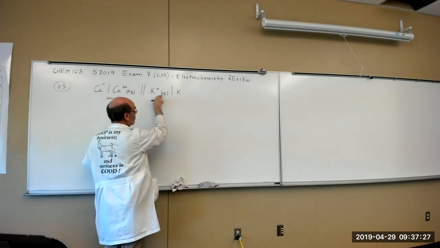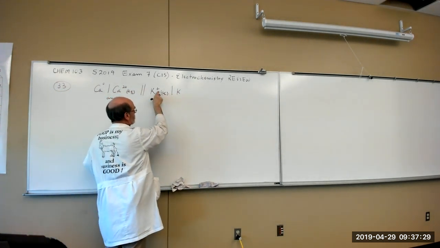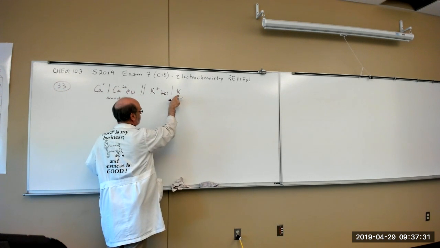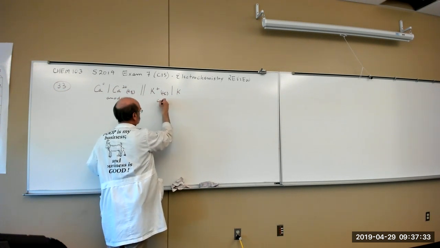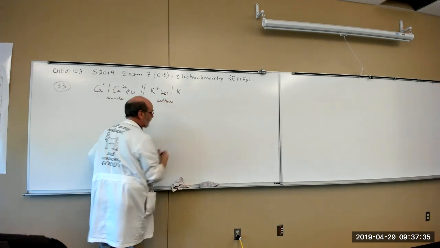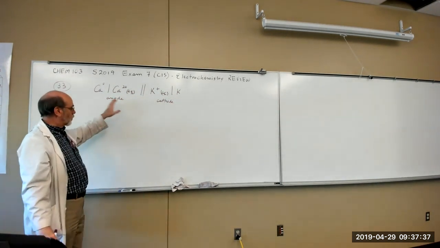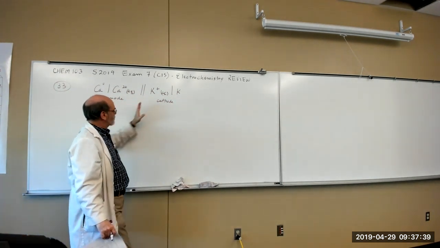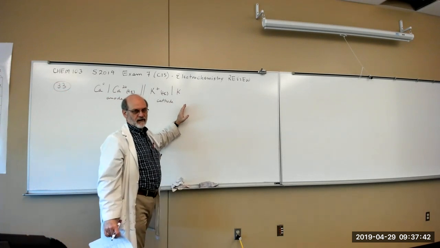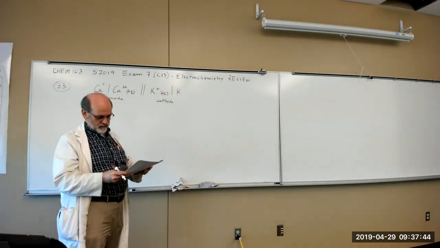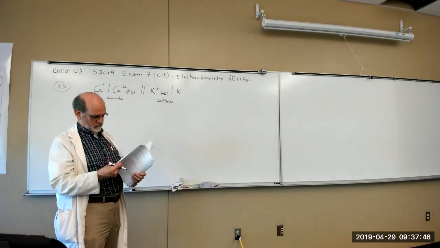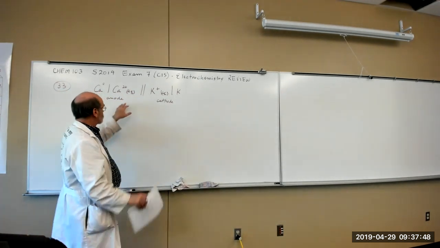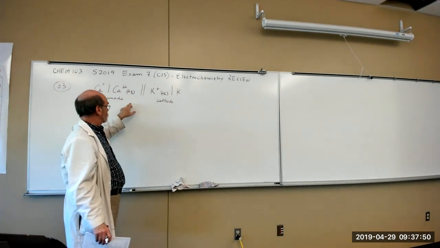Over this side, we're going from here to here. Reduction. We have to add electrons to here to get that. So this is the cathode. By convention, the shorthand notation puts the anode on the left, cathode on the right, no matter how you draw those little pictures I put in here. Right? This is convention for shorthand notation.